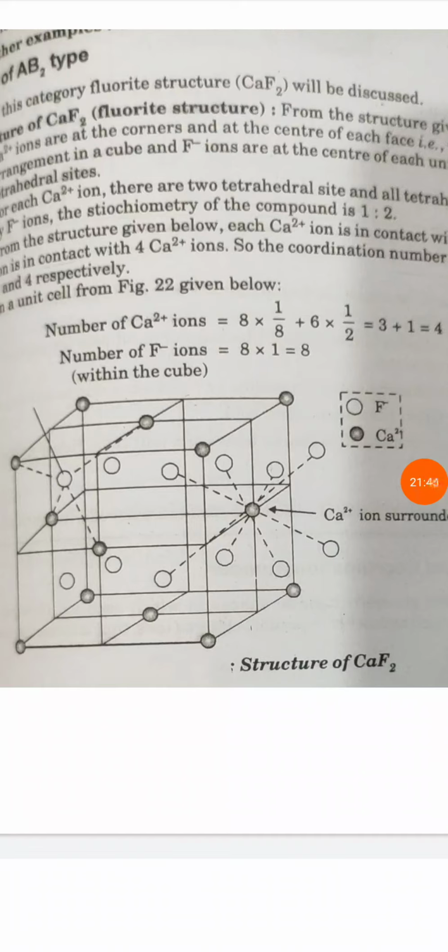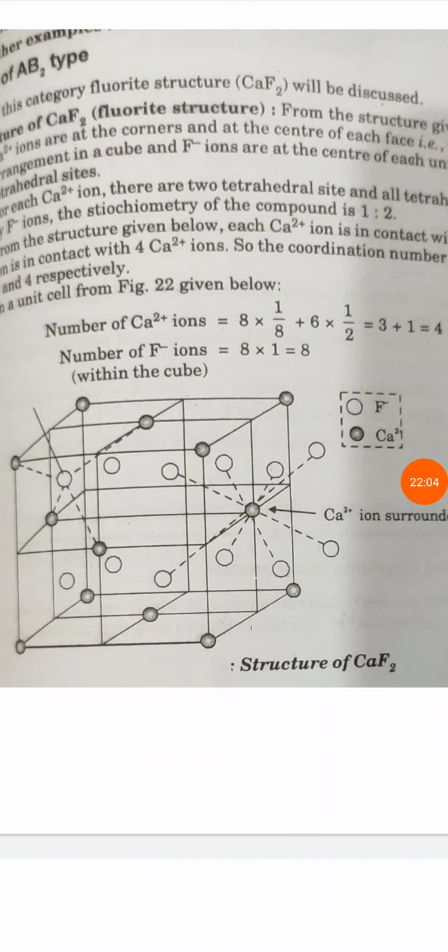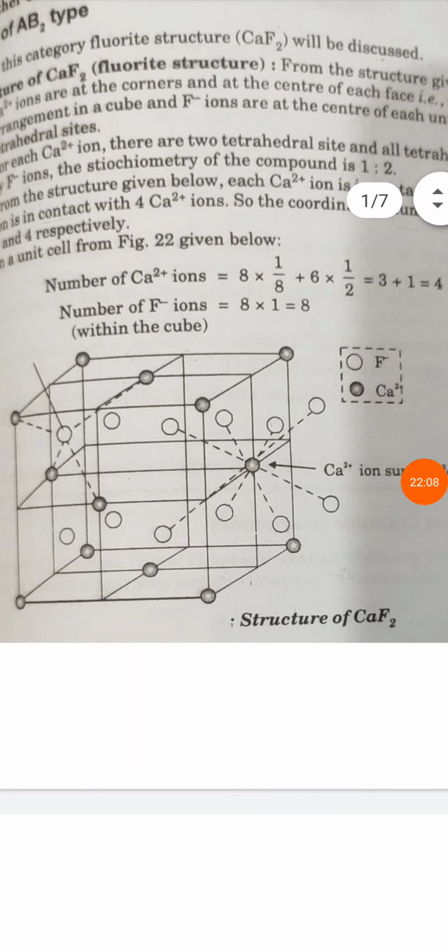If the limiting radius ratio is 1.0, then the coordination number is 12 and the structure will be close packing. And if the limiting radius ratio is 0.732 to 1.0, then the coordination number will be 8 and the structure will be cubic, and an example is cesium chloride.